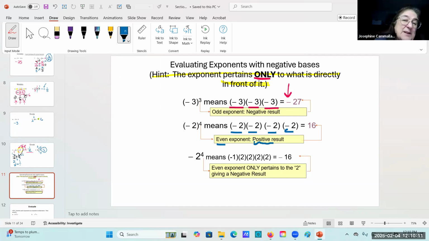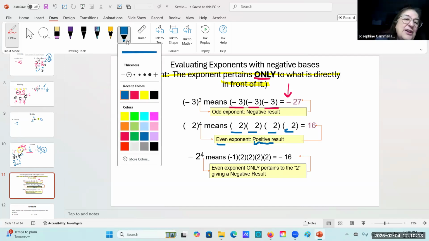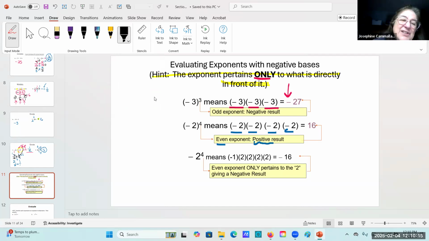Now, I want to show you something. Look at the first 2 examples. This 3 is directly behind the parentheses.